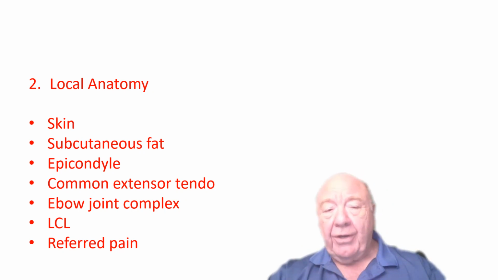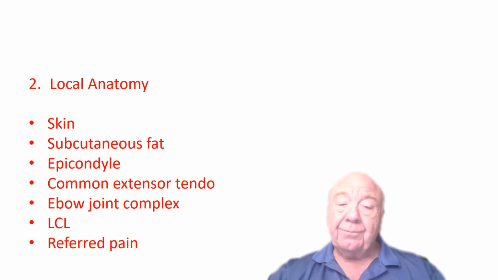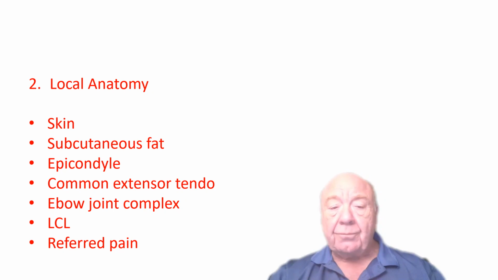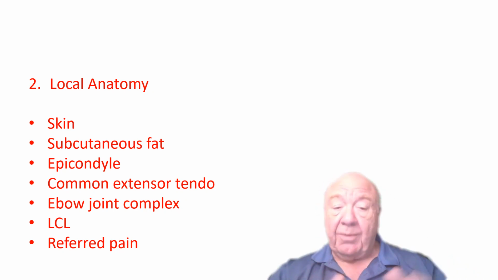The epicondyle. Now, I know it's called lateral epicondylitis, but we talked about this, and it's a stupid term for it. The bone isn't involved, it's not inflamed anyway. And it's just ridiculous. But if you worry about the epicondyle, possibility of a stress fracture, which are really rare, then you can palpate the epicondyle. Common extensor tendon, you need to know about that, and that's probably what it's going to be.